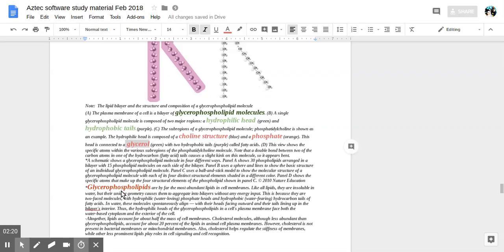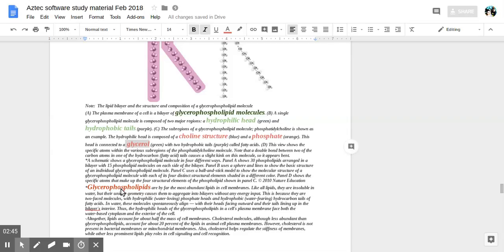So the two fatty acid tails face one another, and the two hydrophilic heads face either the cytoplasm or the exterior of the cell. So it's called a bilayer because there's two glycerophospholipid molecules that make them up.